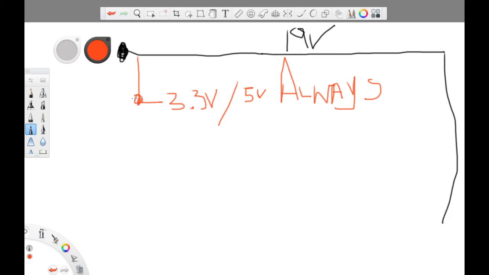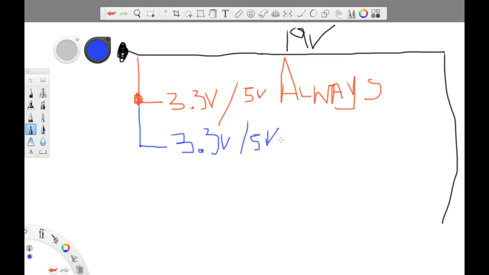After this, you will have another power. Okay, after the 3.3 you will have another power, which is a 3.3, still the same voltage, but this one comes after you have pressed the power button.